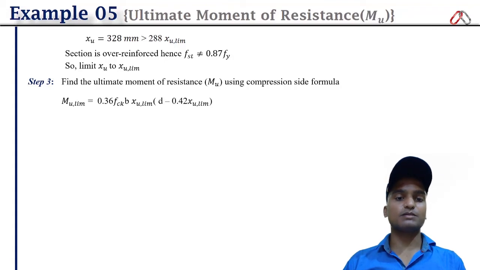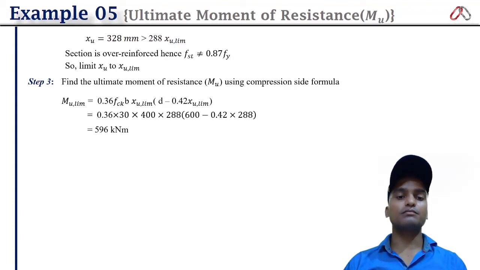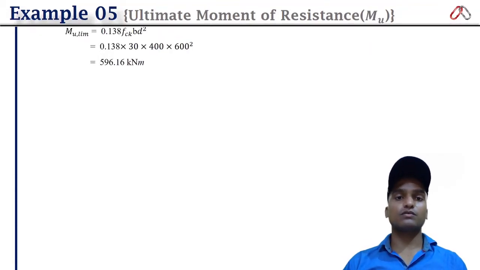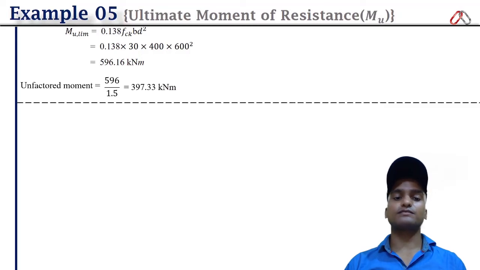The same thing is done here, and finally we arrive at the ultimate moment of resistance Mu, which is equal to Mu limiting in this case, equal to 596 kilonewton meter. This is also a factored moment, and we can easily calculate the unfactored moment by dividing it by 1.5.